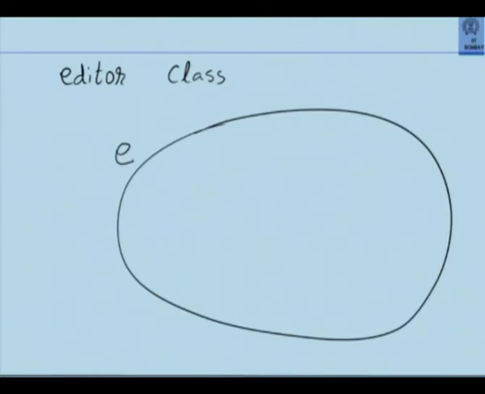Now, we recall how we had decided to do editing. We said that we will use the two-stack model. We will have the notion of a cursor. Whatever is to the left of the cursor, we will keep on the left stack. Whatever is on the right of the cursor, we will keep on the right stack.